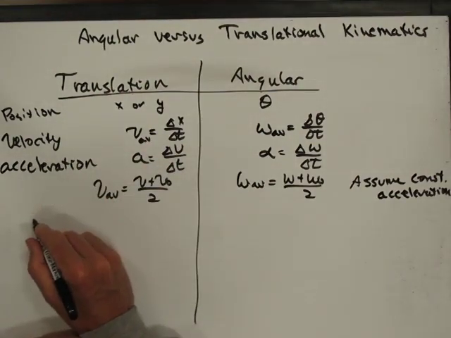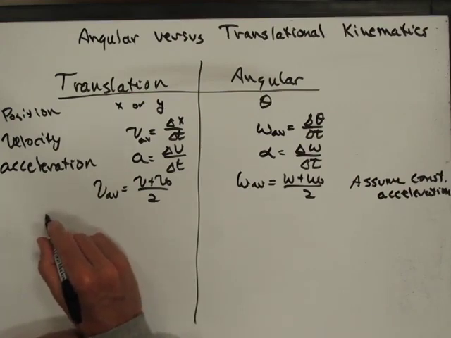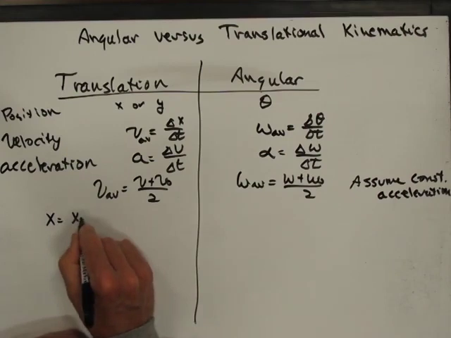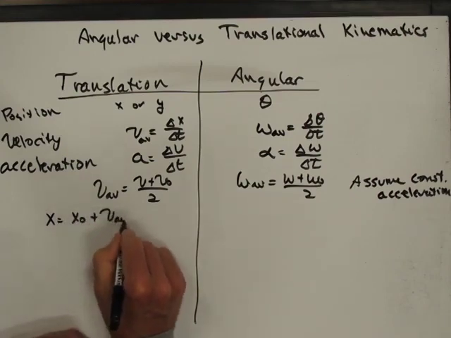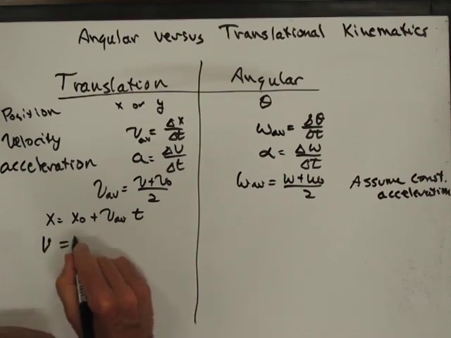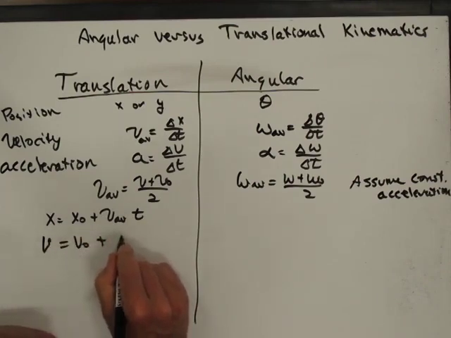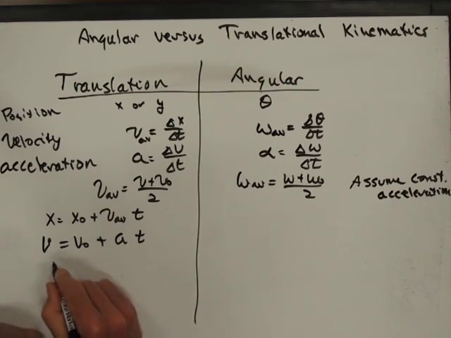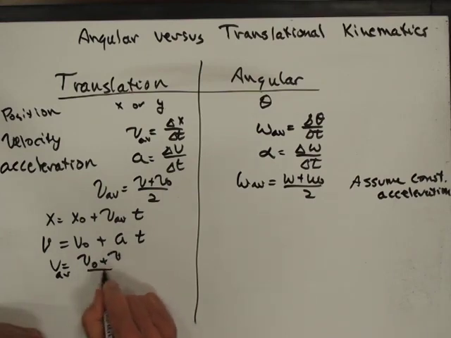And so when we started with these equations, we rearranged these and we derived the following. We said x is equal to x naught plus v average times time. We had v is equal to v naught plus acceleration times time. We had this equation, v average is equal to v initial plus v final over 2.